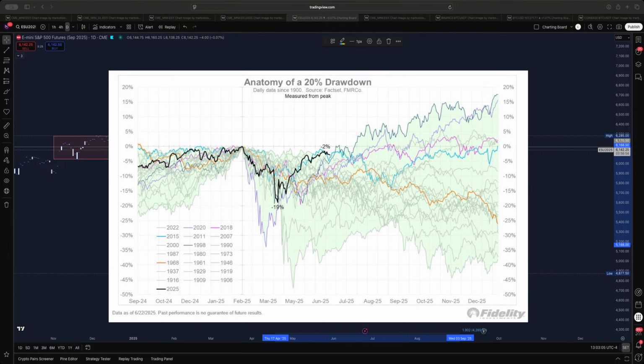In the chart, you guys can observe that we are currently at the black curve line. We were 2% below the previous all-time high on the S&P 500, on the cash market, on the spot market. There might be some differences with price on the futures market. However, these represent the data points on the spot market, okay?